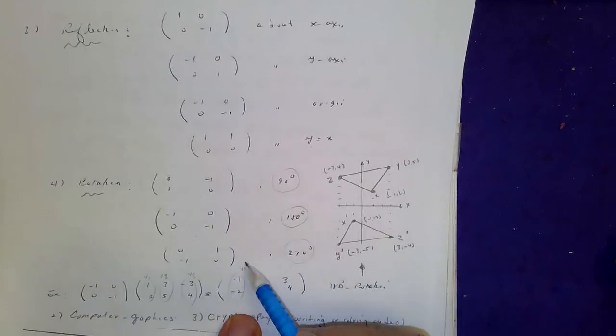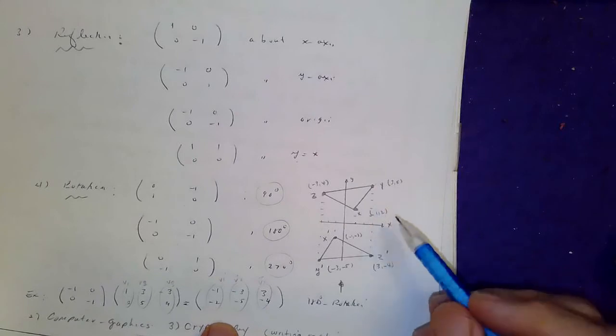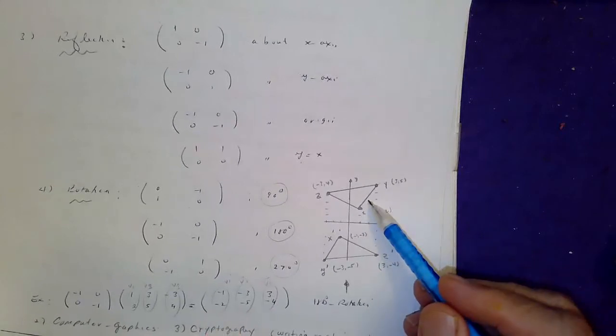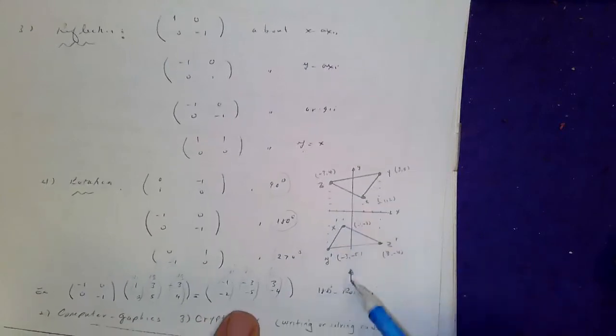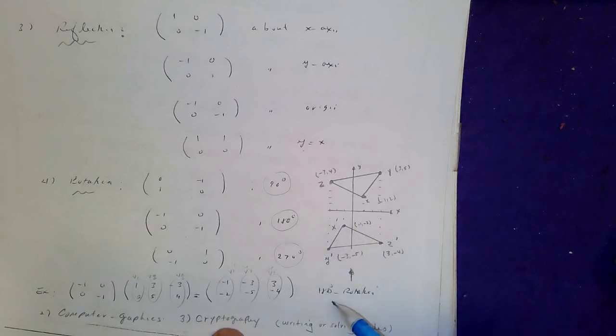Now this is V1 prime, V2 prime, and V3 prime. So this rotates 180 degrees and becomes this. So therefore, we have a 180 degrees rotation.